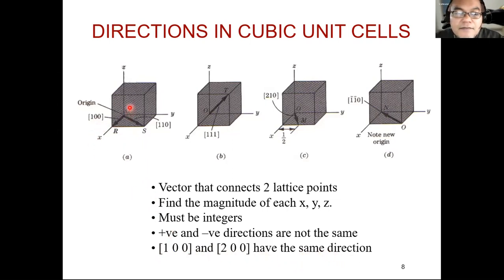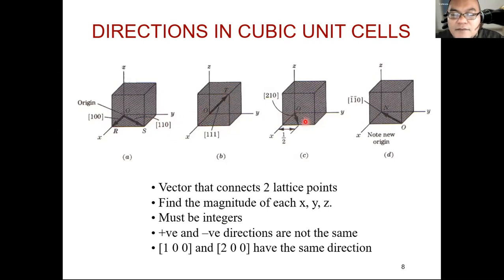For example, here the first one is from the origin to a single unit length. So the x-axis is 1, the y-axis is 0, the z-axis is 0. So [100]. This one from O to S is 1, 1, 0, in rectangular brackets. From O to H here, 1, 1, 1.